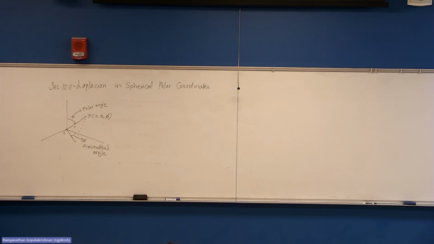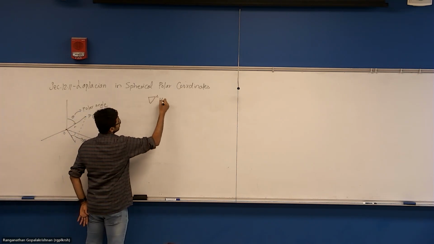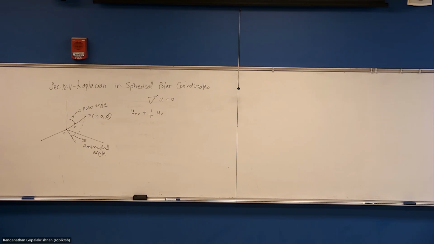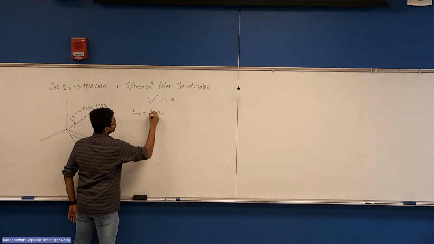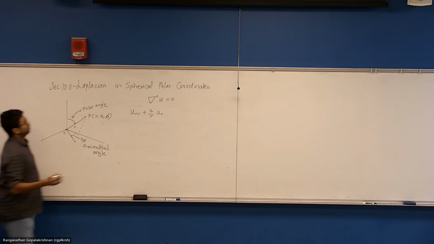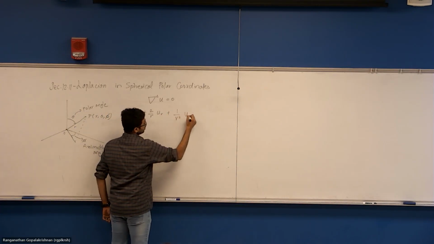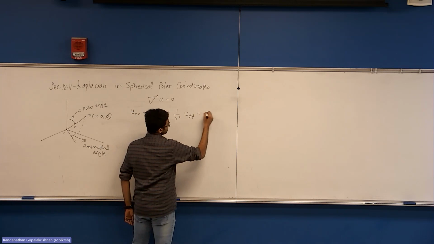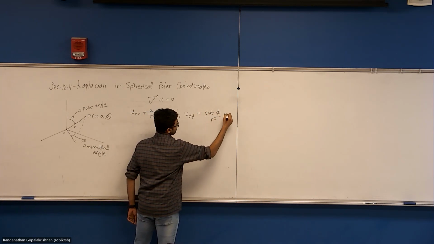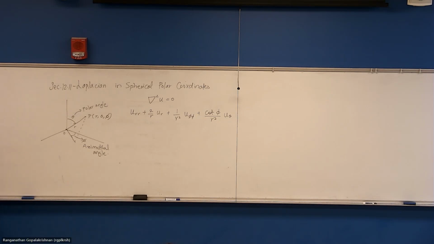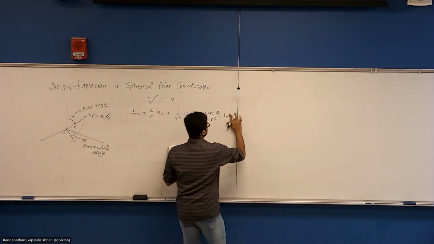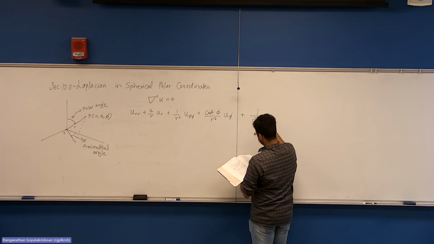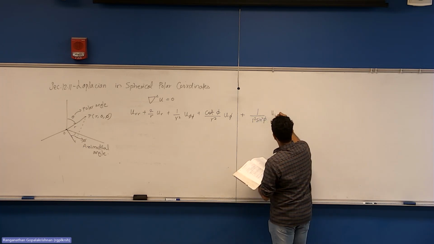The complete equation would be u_rr plus, sorry, 2 over r u_r plus 1 over r squared u_phi phi plus cotangent of phi u_phi, plus 1 over r squared sine squared phi times u_theta theta.